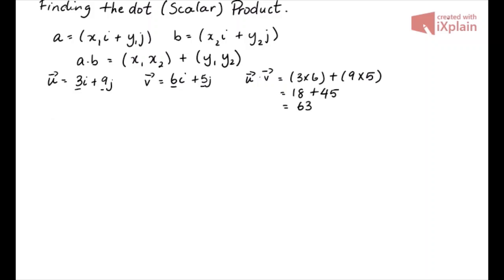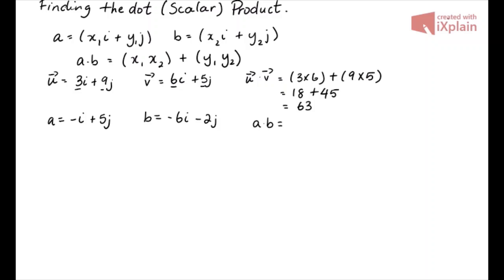Let's do another example. If A is negative i plus 5j and B is negative 6i minus 2j, then what is A dot B?